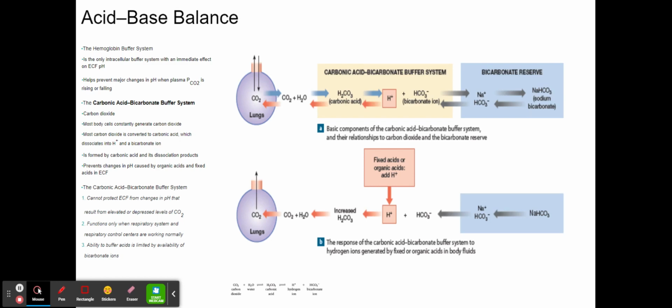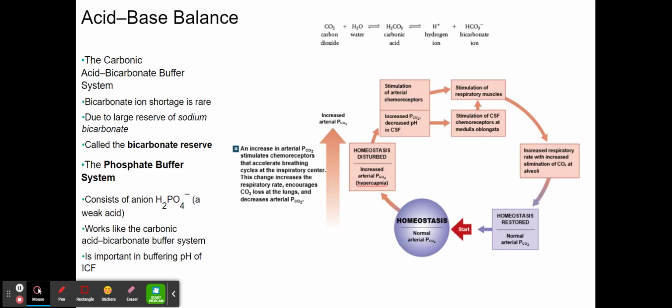In the process, the bicarbonate acts as a weak base that buffers the excess hydrogen. The H2CO3 formed in this way in turn dissociates into carbon dioxide and H2O. The lungs can then excrete the extra CO2. In effect, this reaction takes the hydrogen released by a strong organic or fixed acid and generates a volatile acid that can be easily eliminated.